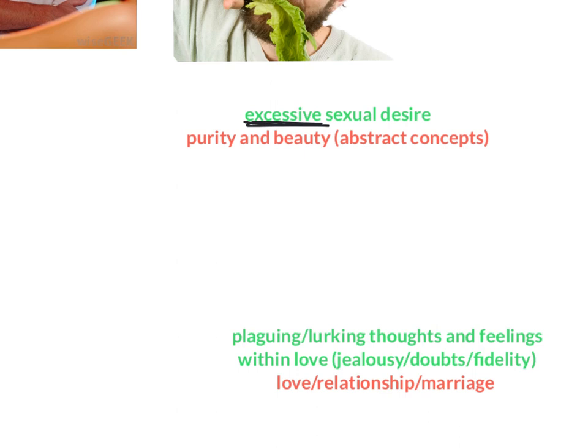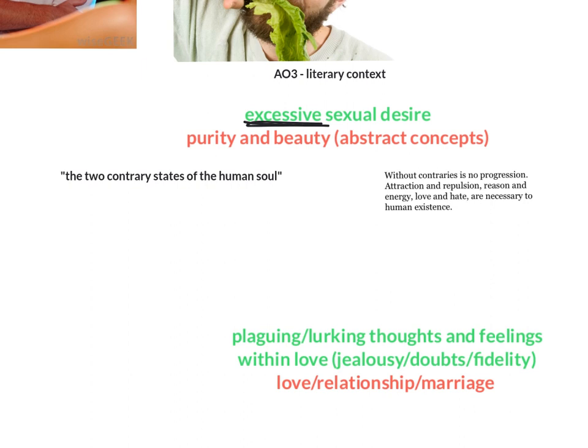Please remember, and this is a good thing for AO3 context, that Blake is writing these poems as part of his collection of the Songs of Innocence and the Songs of Experience, where he talks about, or wants to explore, and this is flashing up for you now, this quote, the two contrary states of the human soul. And there's also an interesting little quote there about contraries in human experience. That's also useful for AO3 for you.